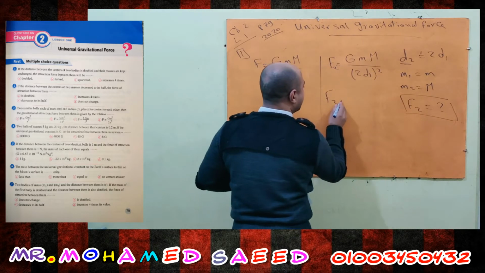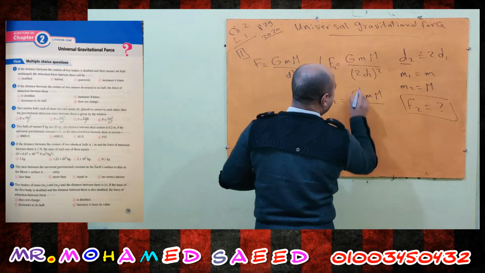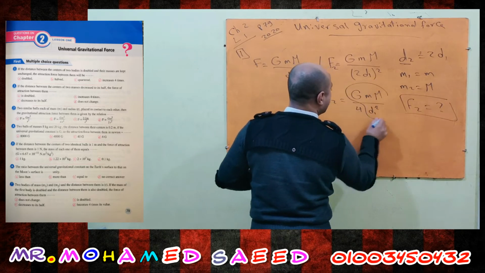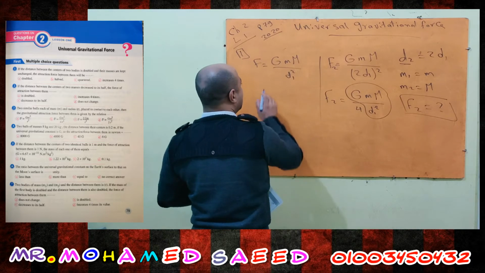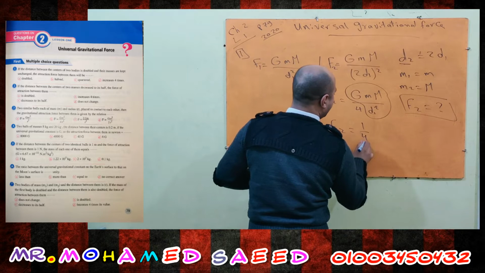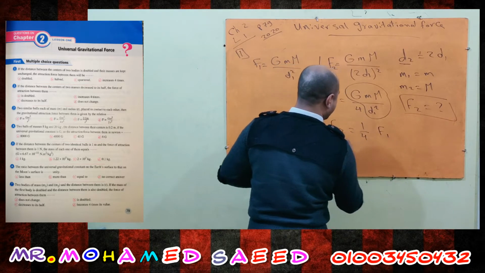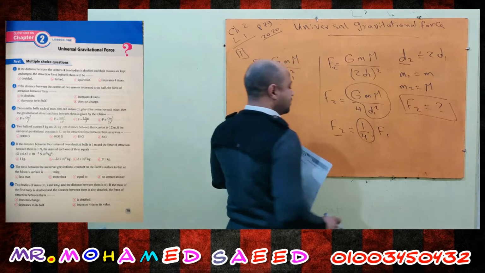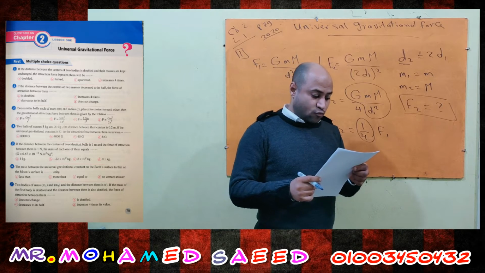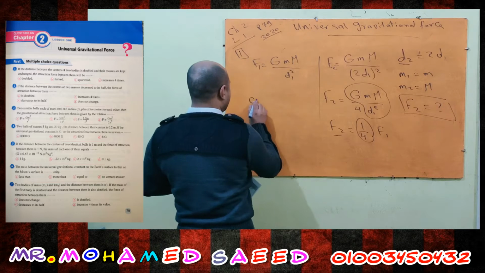So F2 equals G capital M small M capital over 4 D1 square. This magnitude is F1, so F2 equals 1 over 4 times F1. So the new force is a quarter of the first force. The attraction force between them will be quartered. The answer is C, quartered.